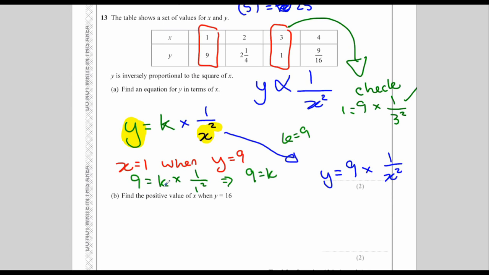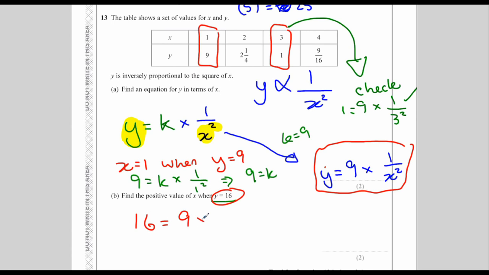Part B. Find the positive value of x when y is 16. So let's use our equation from the previous question, and we know now to substitute y is 16. This y, we're putting 16. 16 equals 9 times 1 over x squared. We need to rearrange now. Let's times up by x squared on both sides.